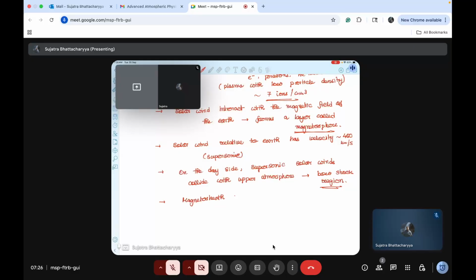This is nothing but a region of turbulent motion just beyond the bow shock region, where the moving charged particles of the solar wind are.